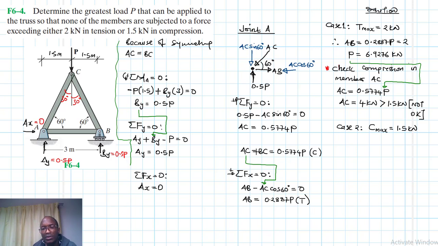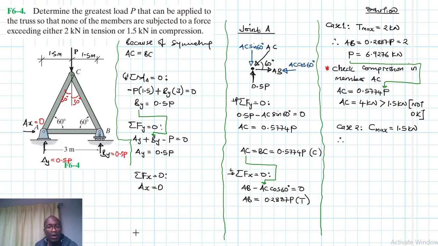AC is equal to BC, so we can pick any of those members. So we'll say AC therefore is equal to 0.5774 P equal to 1.5 kilonewtons.